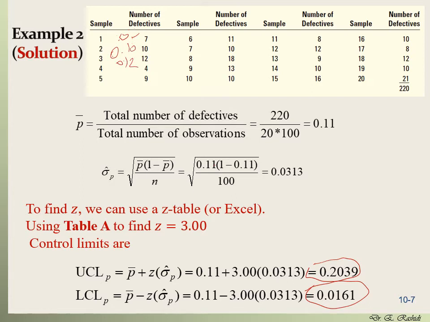When you compute those, you have to check whether these values fall within the acceptance range. All values must be between 0.0161, the lower limit, and 0.2039, the upper limit.